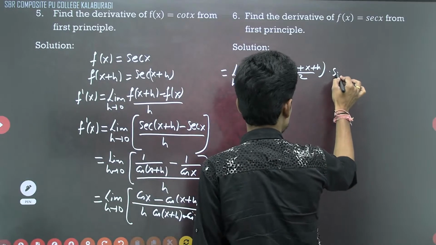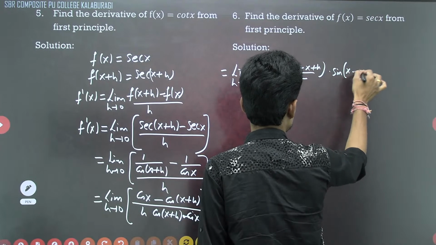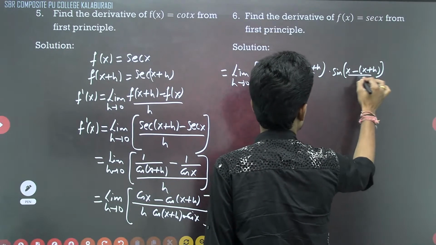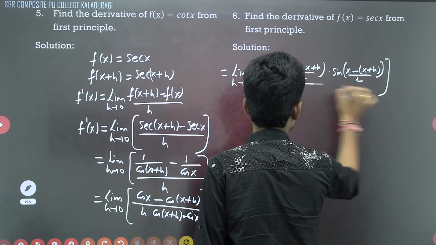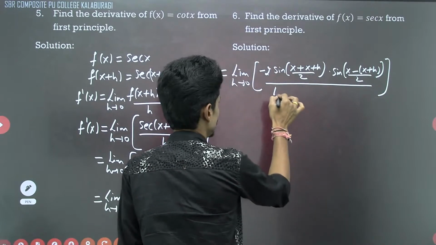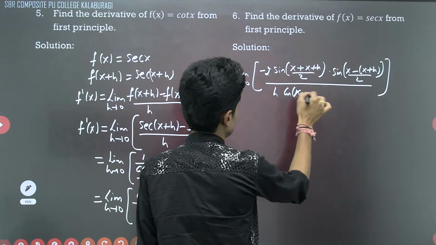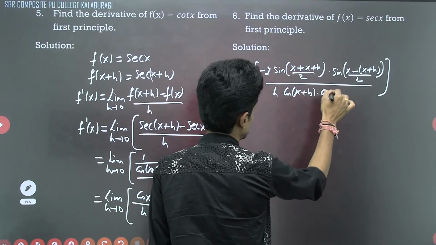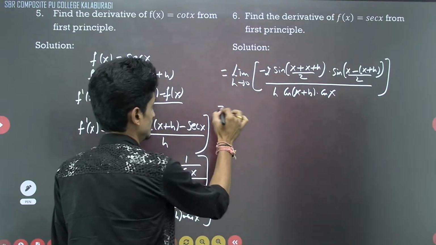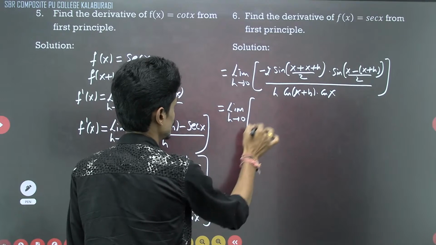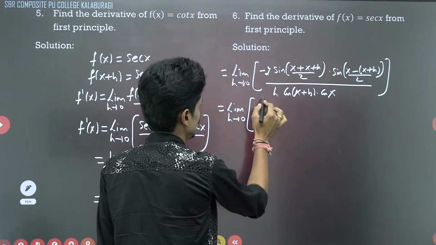C minus D by 2 means sine of (x minus (x plus h)) divided by 2, whole divided by h into cos of (x plus h) into cos x, after that limit as h tending to 0. Now we can simplify here.